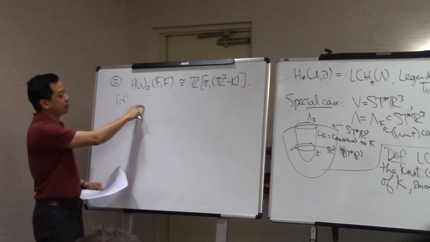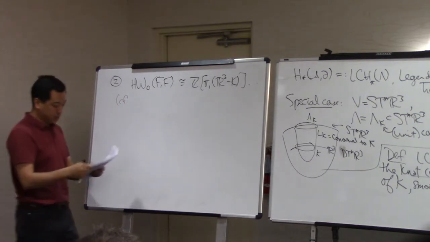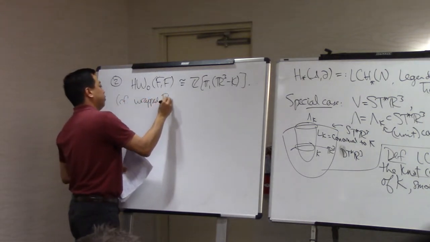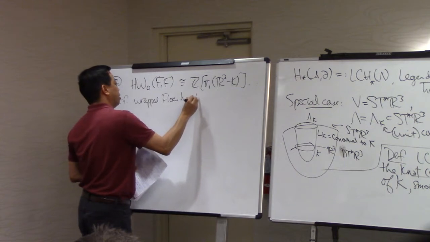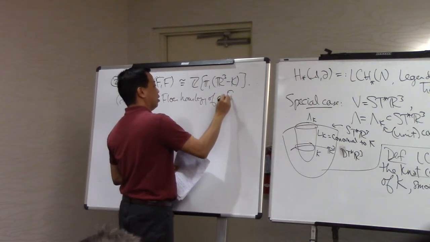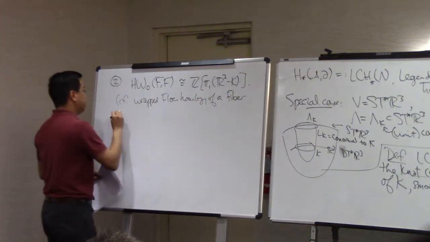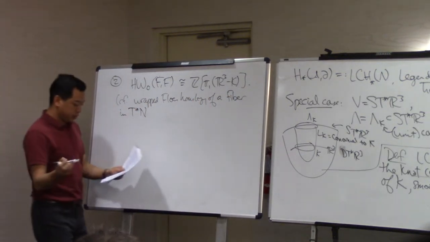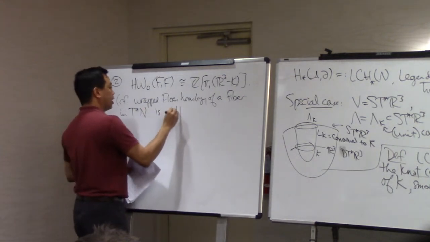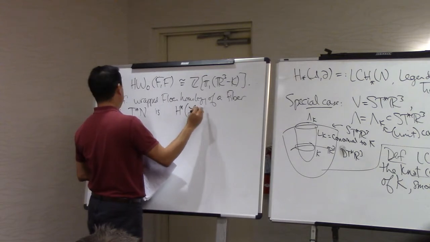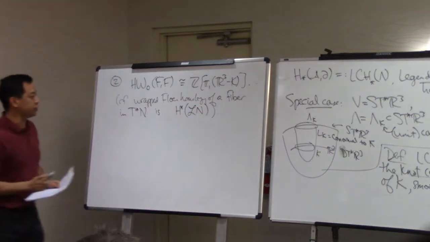I mean, this is some sort of relative version of the fact that the wrapped Floer homology of a cotangent fiber in the cotangent bundle of some manifold N is the homology of the free loop space of N. So this is some sort of relative version of that.